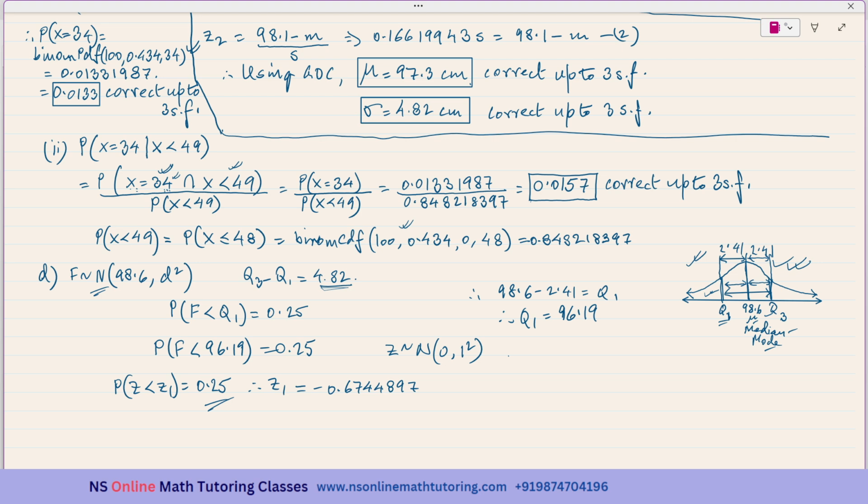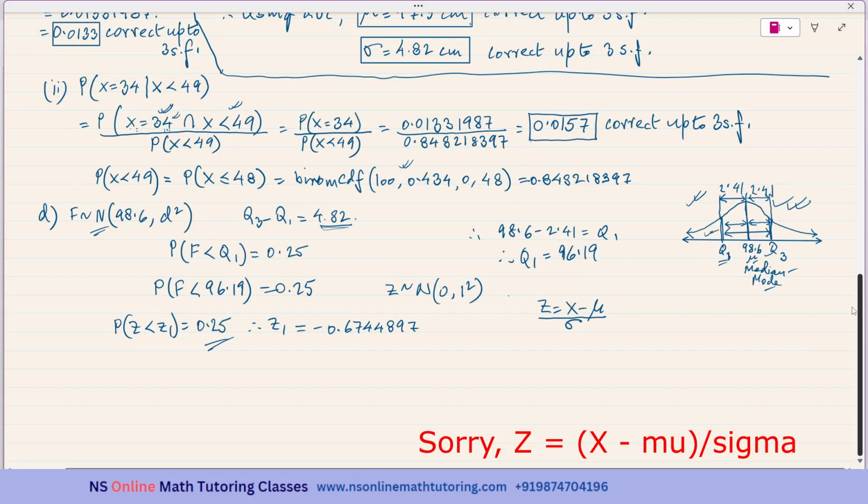And we know the conversion formula. So this is Z equal to X minus mu over sigma. You will get this in your formula booklet.